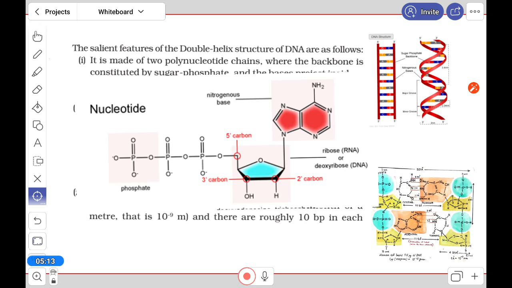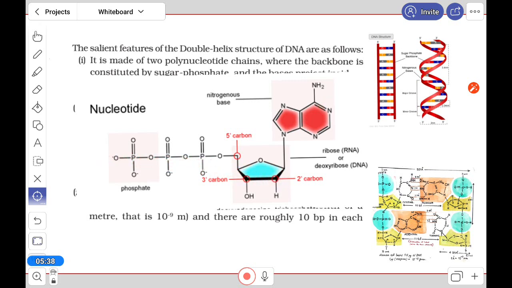The linkage here is the glycosidic linkage, and here is the phosphoester linkage. These two make the backbone structure.